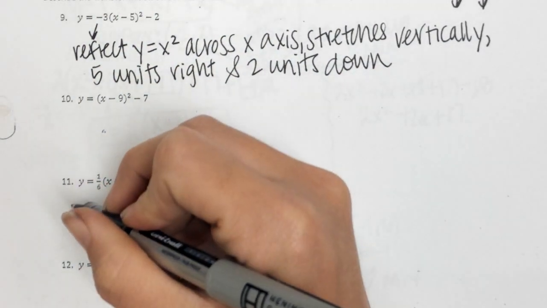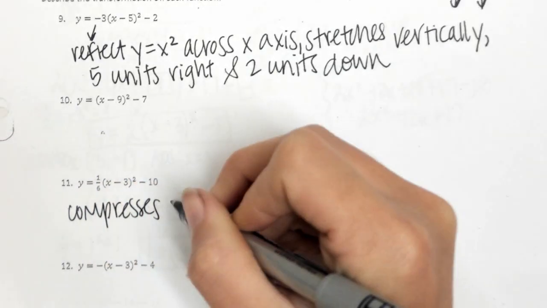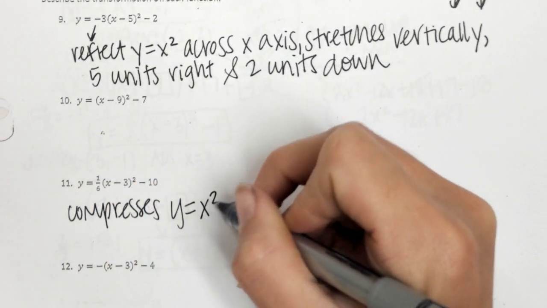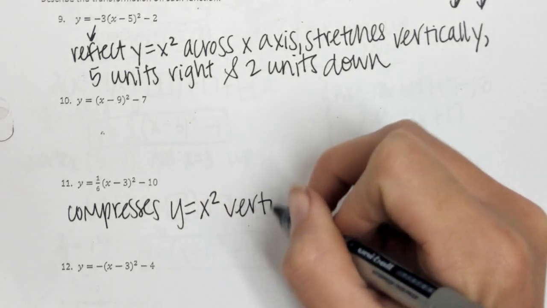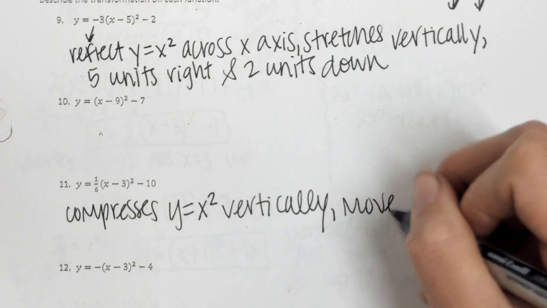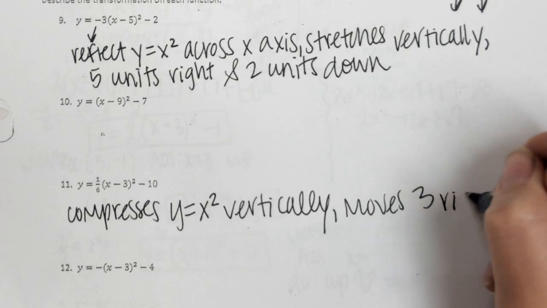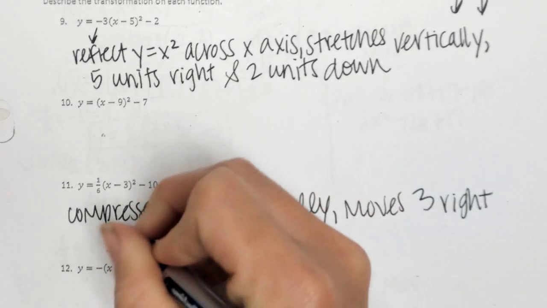Either one's fine with me. I'm going to put compress. Compresses, what is the parent graph? Y equals x squared. Vertically. Moves 3, right or left, think about it, right, and 10 down.